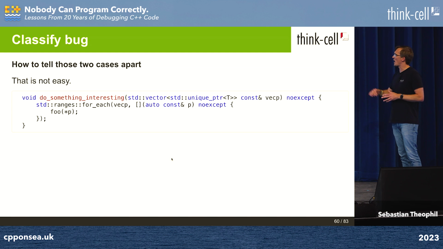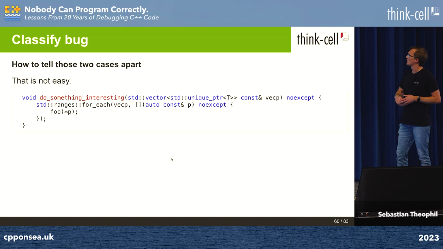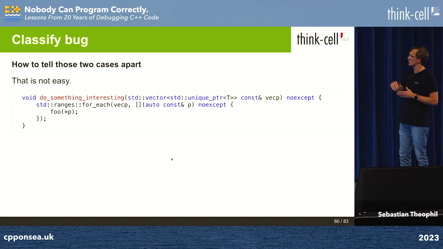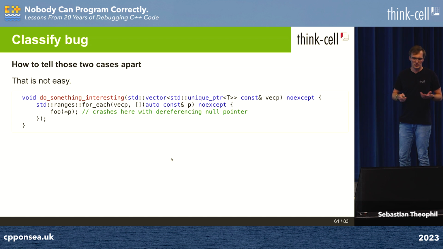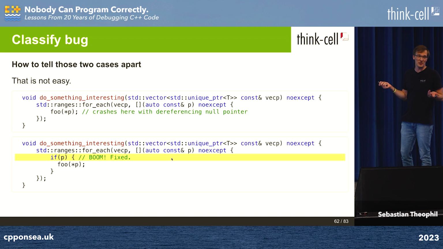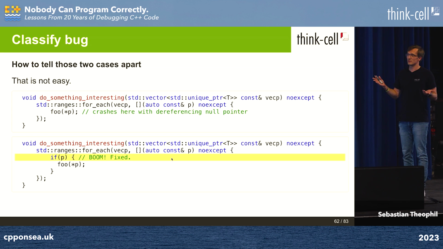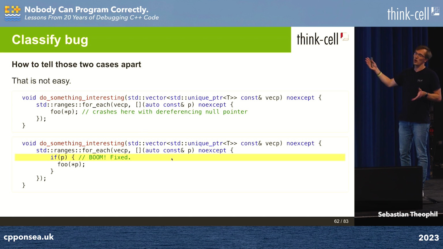So let's say we have this little piece of code. We're getting this vector of pointers, we iterate over it, we dereference the pointers, and now it crashes here with a null pointer. What do we do? Well, we could do this, of course. But is this a good fix? Is that a small kind of bug and we just forgot an if?